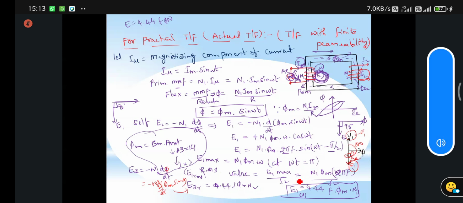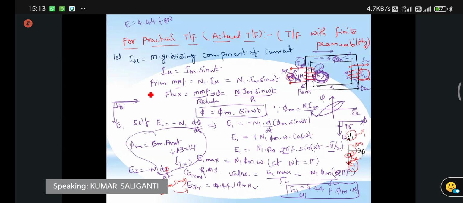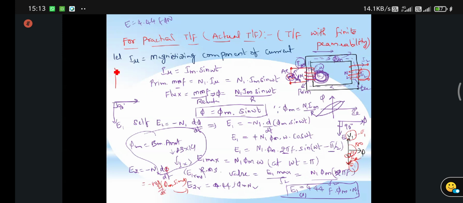So you can draw it here. Suppose you write the flux waveform, you are going to get this is the flux.